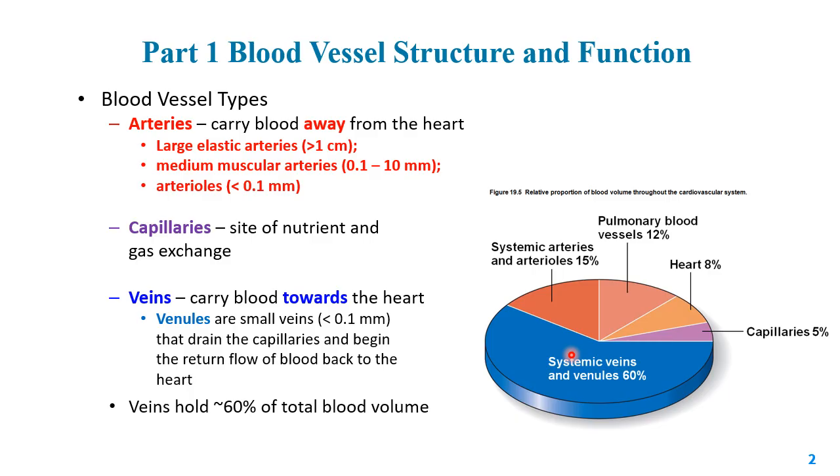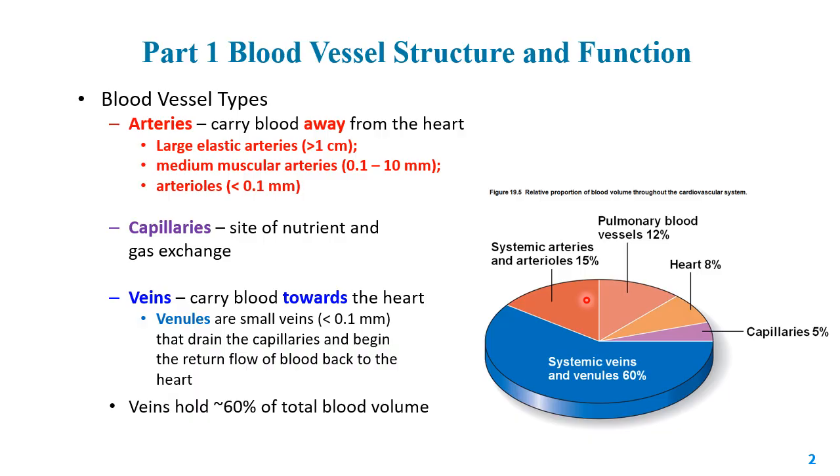Now, when you look at the total volume of blood that you have in the body in the closed circulation, you'll see that the distribution of that blood is not the same. It's not 50-50 between arteries and veins. About 60% or so of the blood is sitting on the venous side, and then the rest is distributed along the arteries.